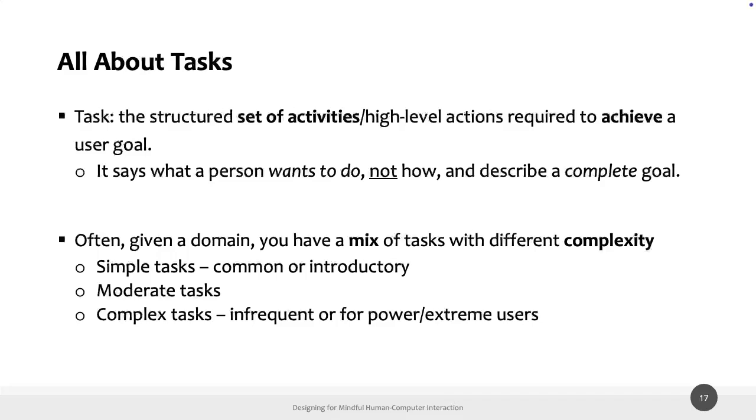A task is the set of structured activities, high-level actions that are required to achieve a goal. So a task says what a person wants to do, not how, and this is important. You should not include any hints on how to perform the task with your interface in the task definition. Otherwise, you are influencing the evaluator.